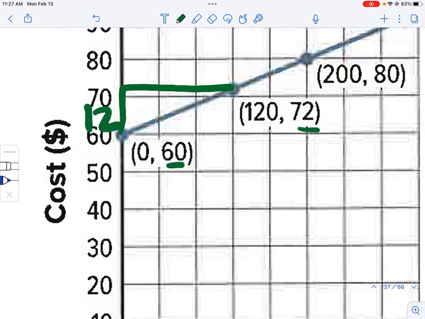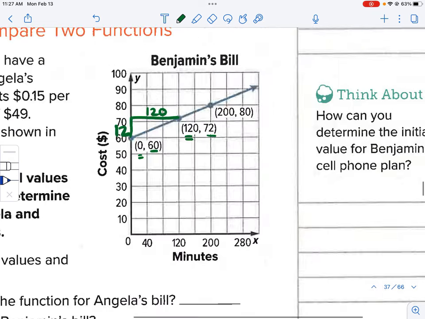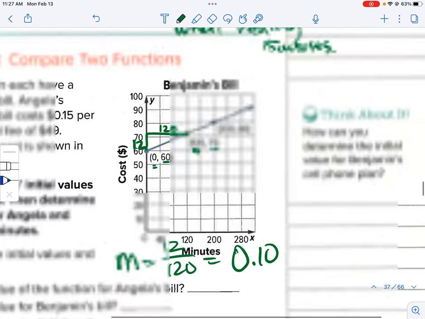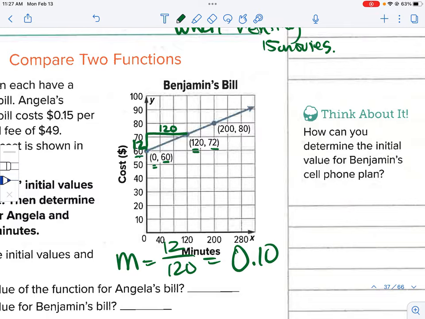It went up 12. From 0 to 120, it went across 120. So my slope for this would be 12 over 120, which, since we're talking about money, we're going to put as 10 cents. And where does it start? It starts at 60. It started right here.